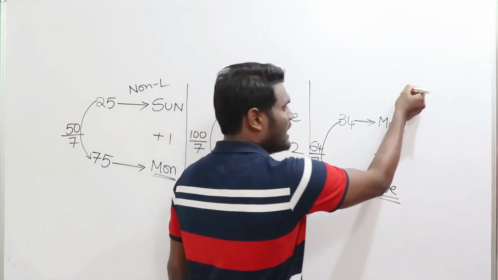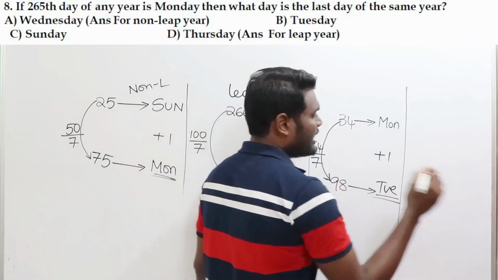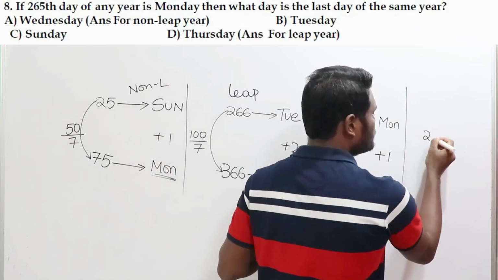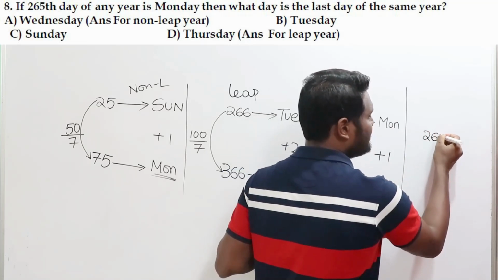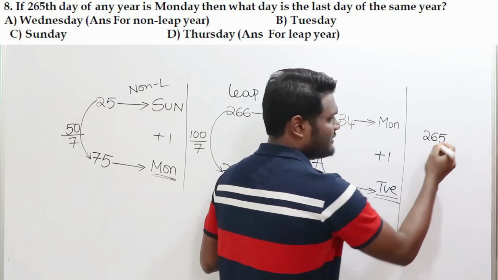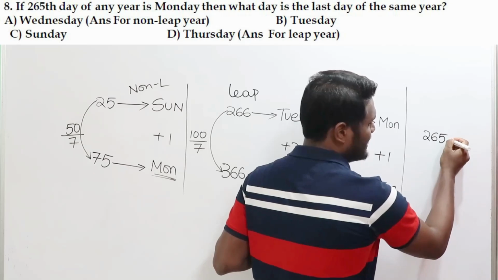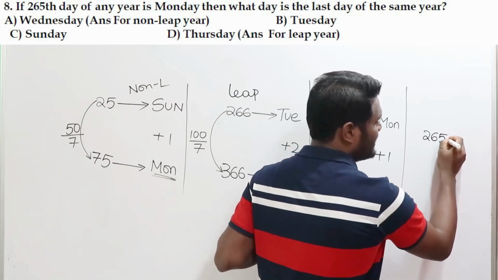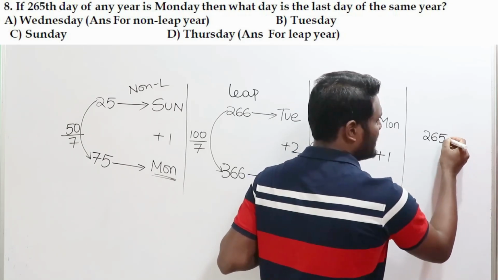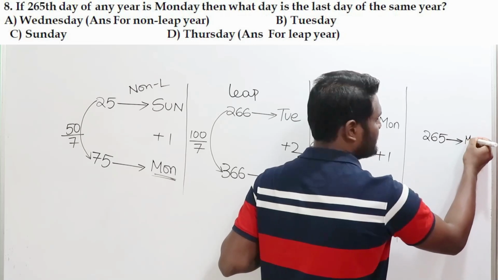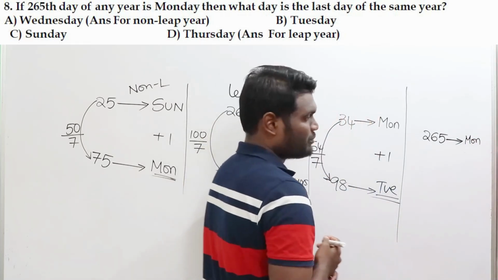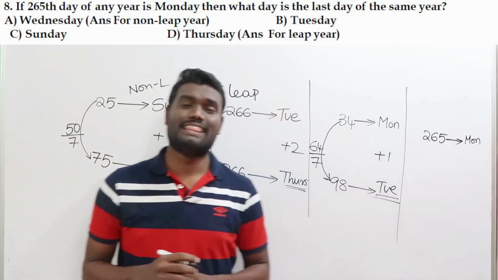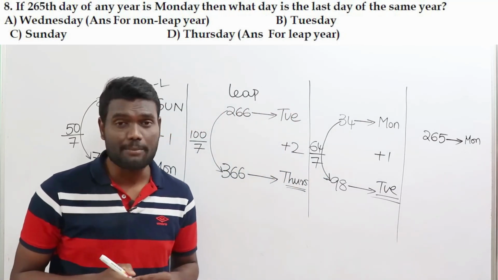Let us say, for example, if the 265th day of any year is Monday, then what day is the last day of the same year?